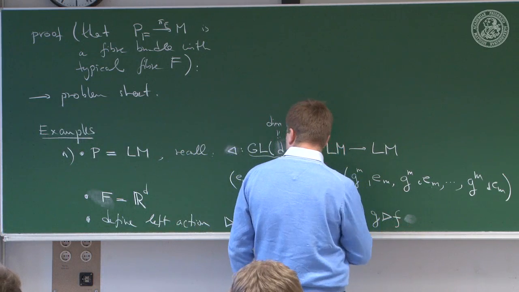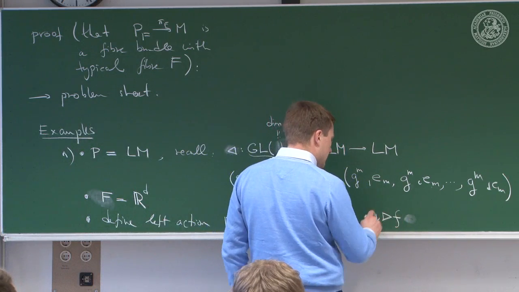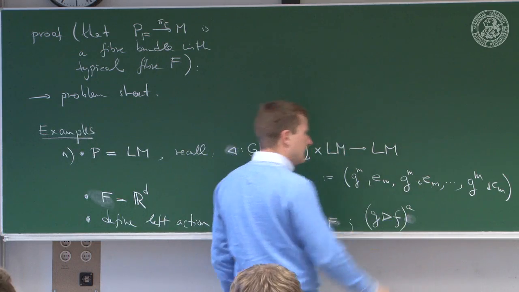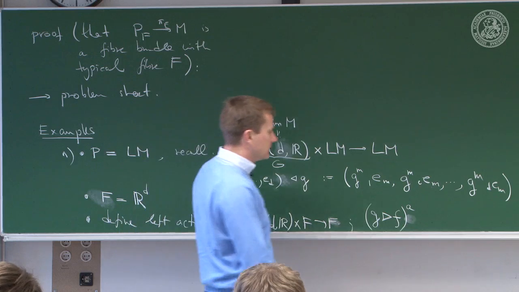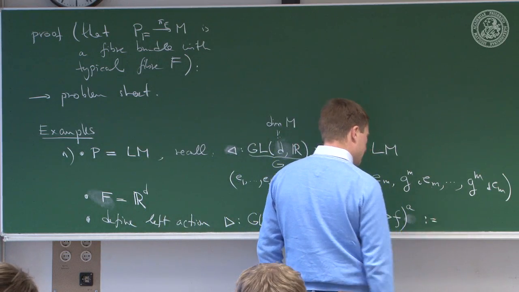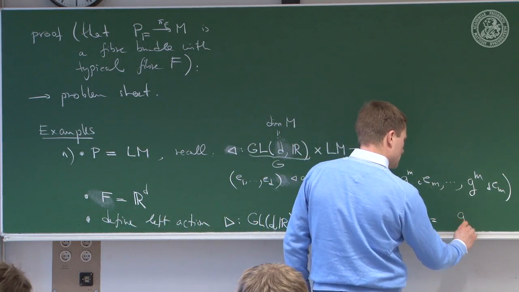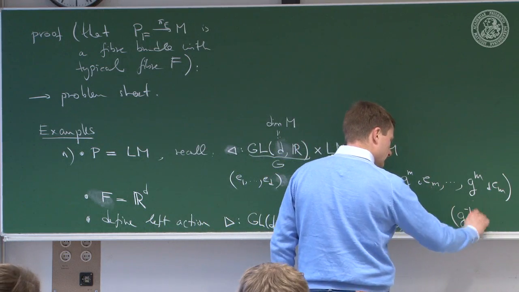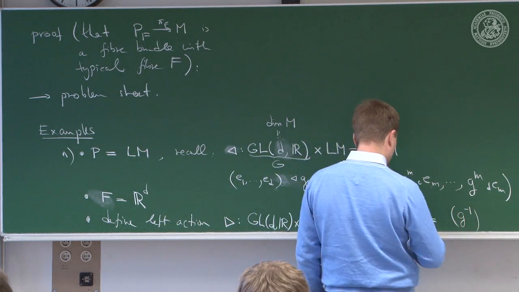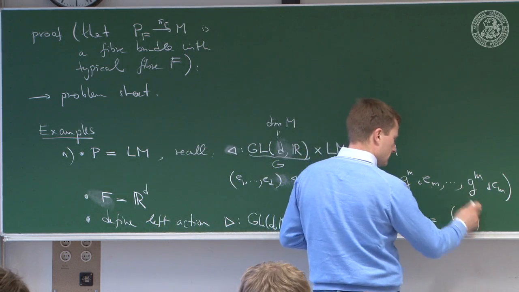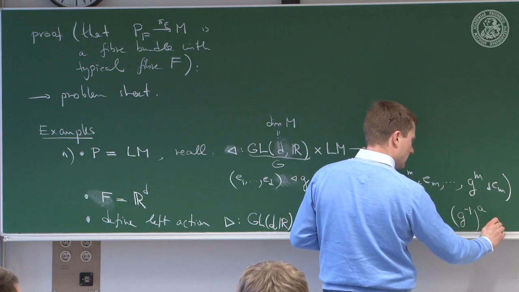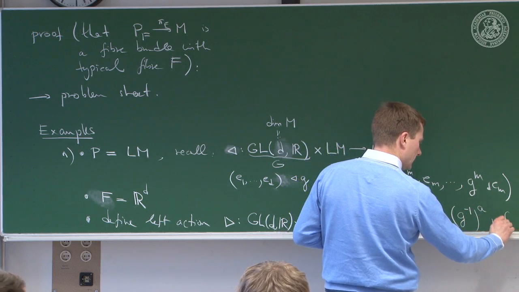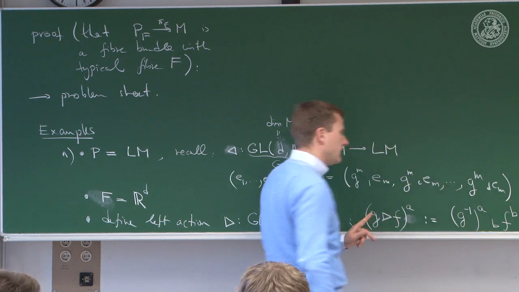The result will again lie in F, but F is R^D, so I can write down the A-th component, A running from 1 to D, and I define this as G inverse, the inverse GL transformation with components A, B, acting on f^B.